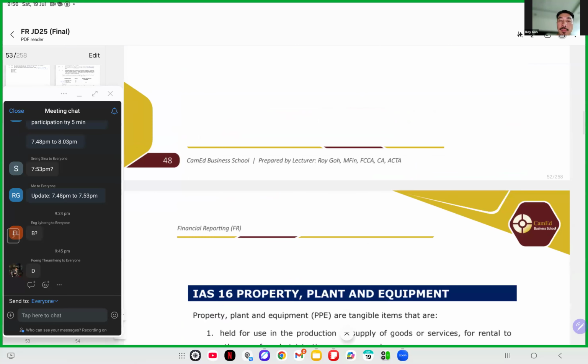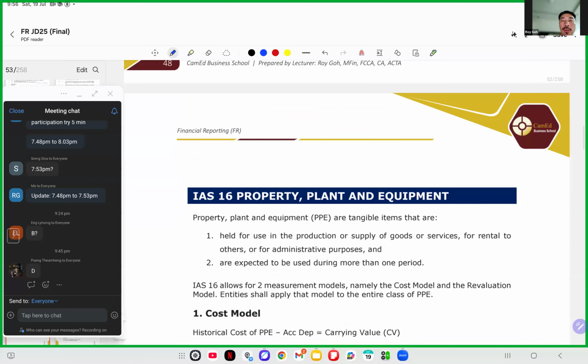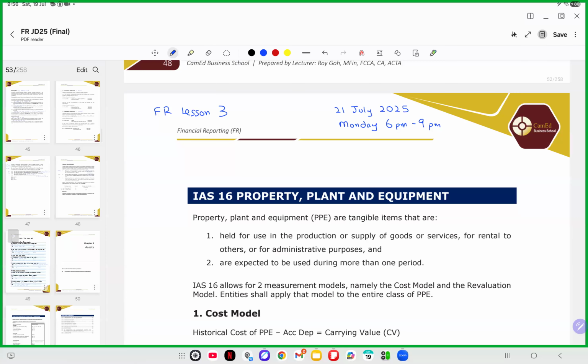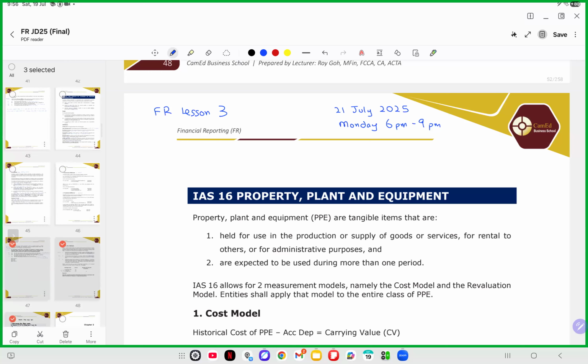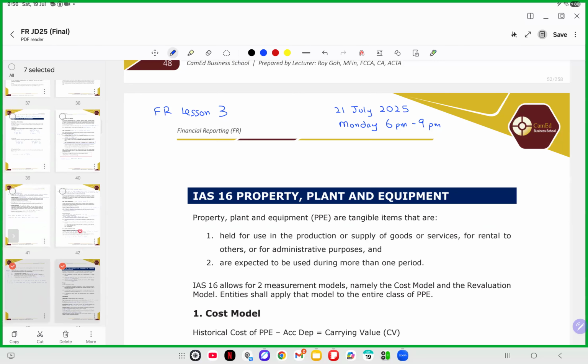Lesson 3 of financial reporting will happen on 21st July 2025. This is going to be a Monday, again 6 to 9 p.m. Monday night. You will see me most of the time on a Monday, occasionally Saturday. I'm going to print all these materials for you so you can understand what's going on.